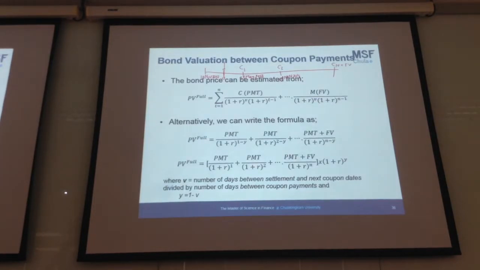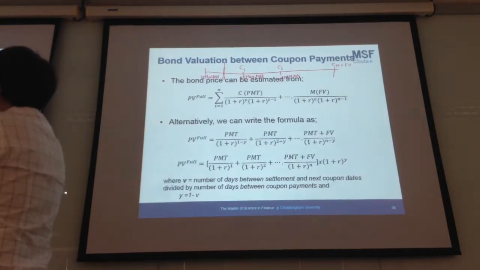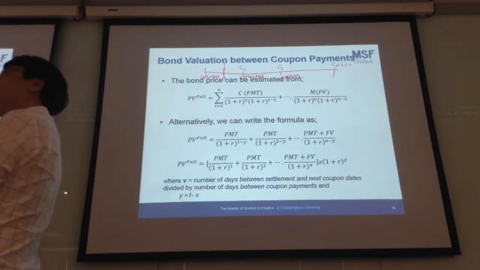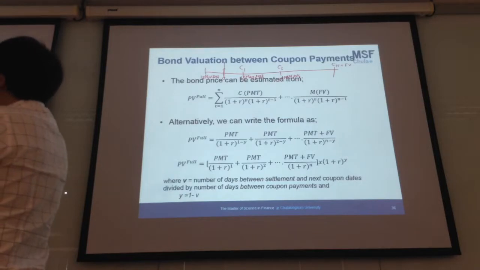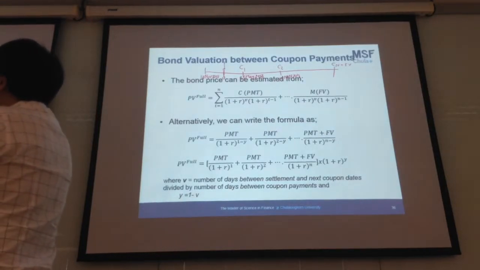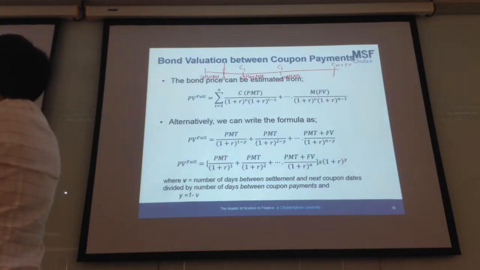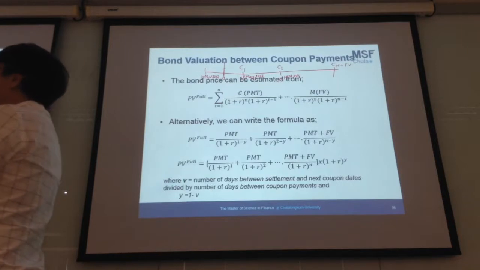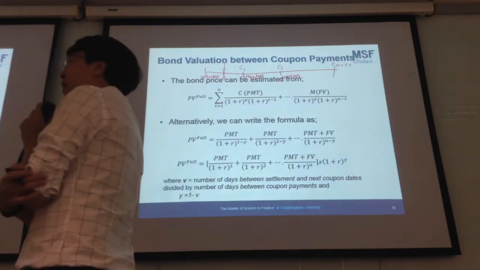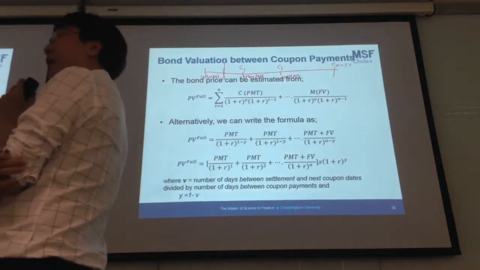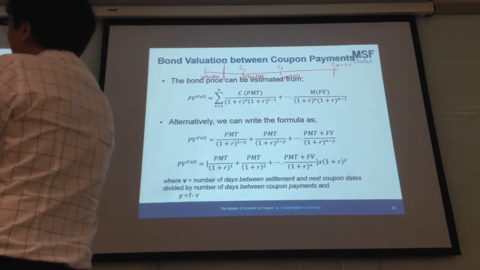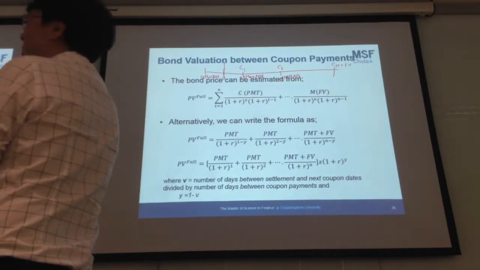In this equation, you can see it is the summation of the present value of the coupons for the first term. The present value of the first coupon payment is equal to C divided by (1 + r)^V, when t equals 1, going up to n periods.